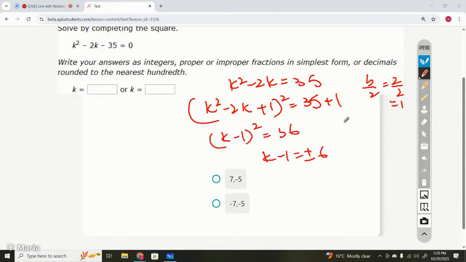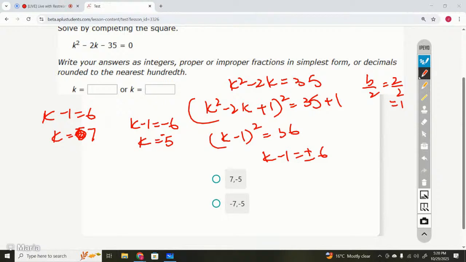k minus 1 equals plus minus 6. k minus 1 is 6. k minus 1 equals negative 6. k equals 6 plus 1 is 7. k equals negative 5.